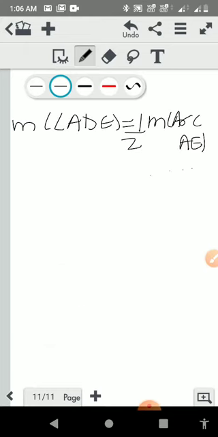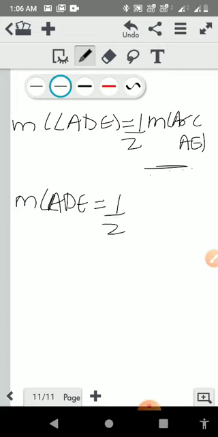So the measurement of angle ADE equals half the value of arc AE, which is given as 95.